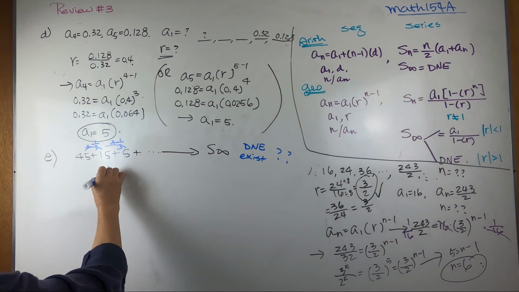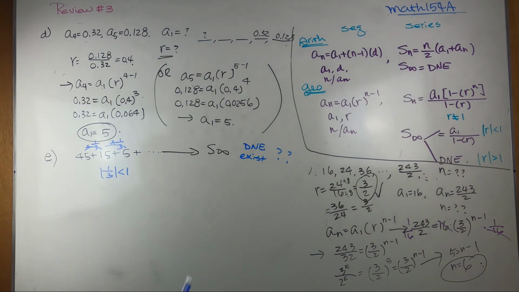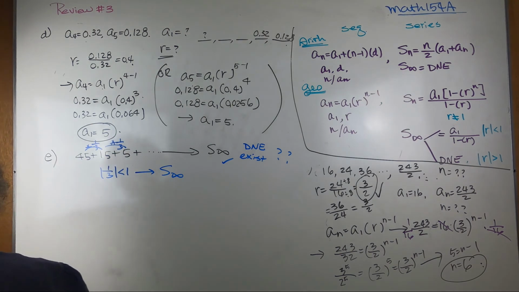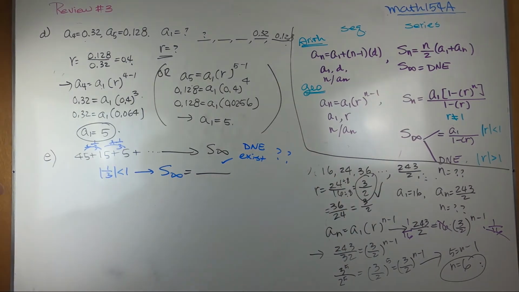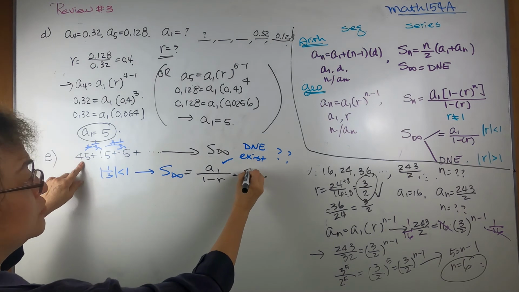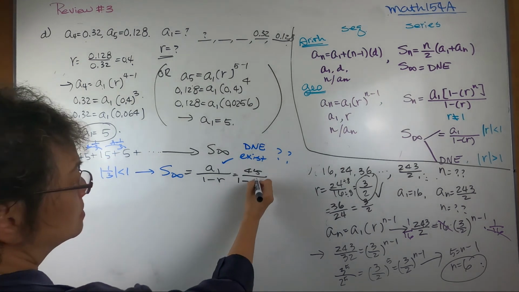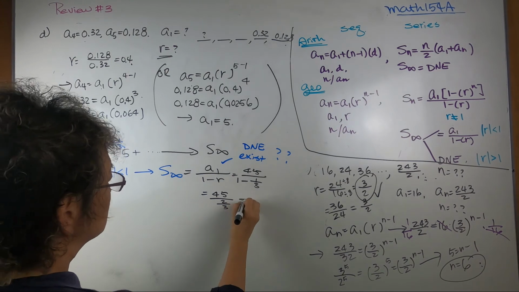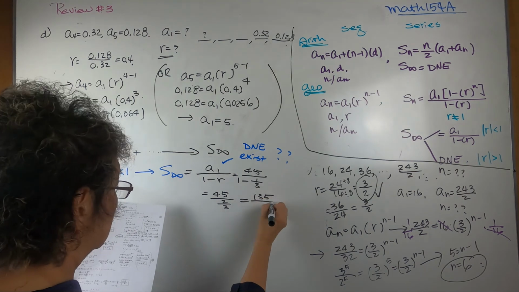Since 1/3 is less than 1, you can find your S infinity using that formula, equals A1 divided by 1 minus R. So A1 is 45, 1 minus R is 2/3. So you have 45 divided by 2/3. Then you simplify that. You should get 135 over 2.